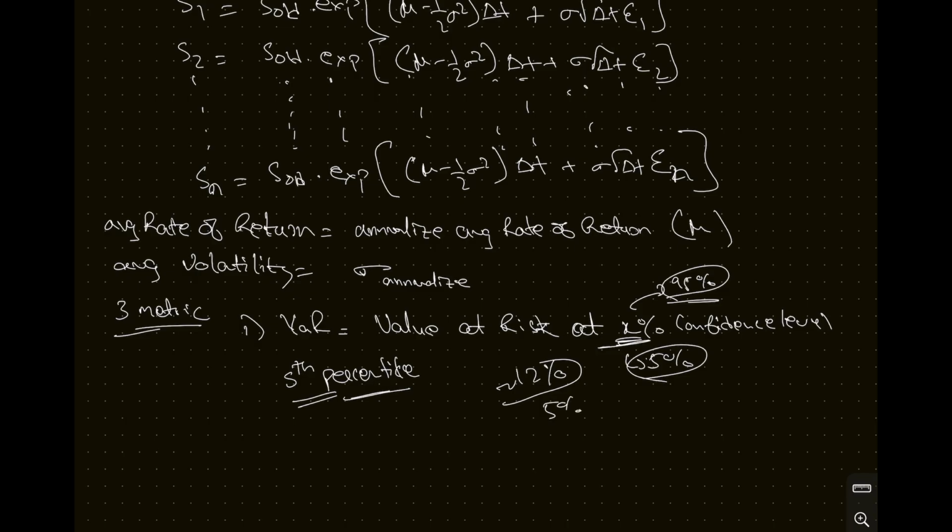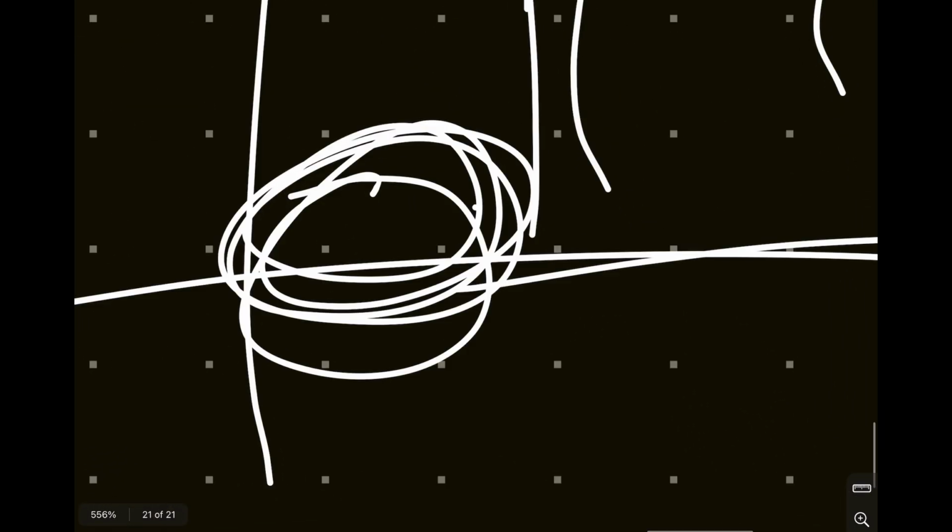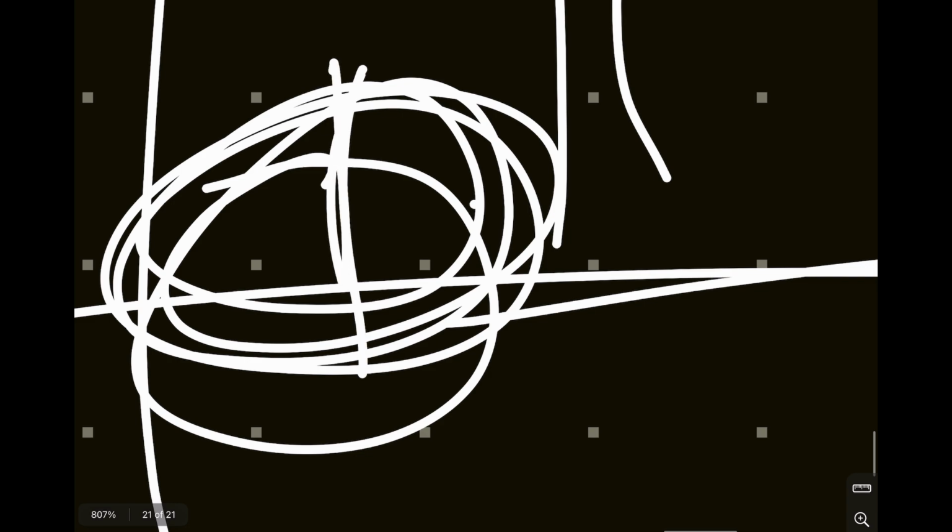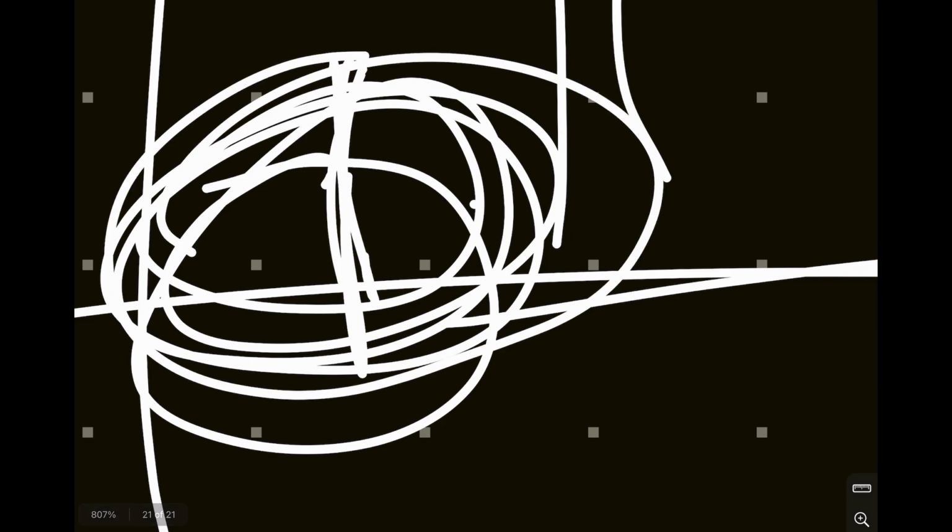And let's say this is the chart, and we saw this is the last 5%. If we zoom in on only this last 5%, forget everything else, the worst 5% that could go wrong went wrong. What is the average that you could lose?